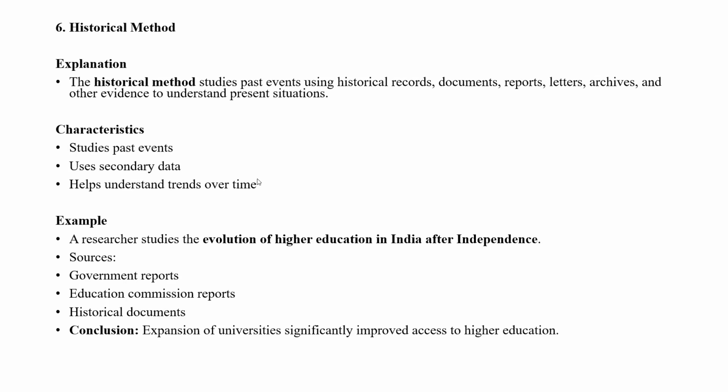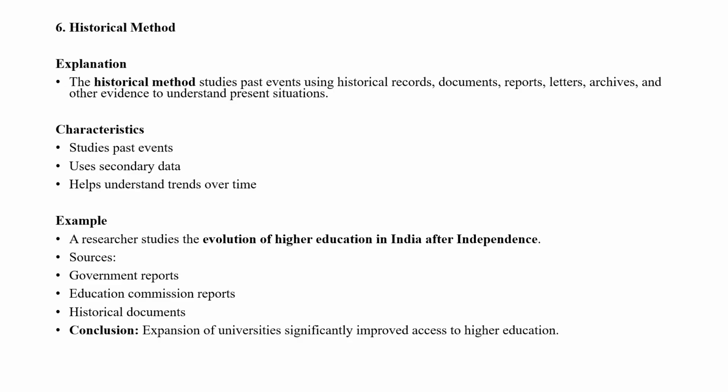And the historical method, I said many times, historical means past events, everything past data. So the historical method studies past events using historical records, documents, reports, letters, archives, and other evidence to understand present situations. It studies past events, uses secondary data, and helps understand trends over time. So what is secondary data?